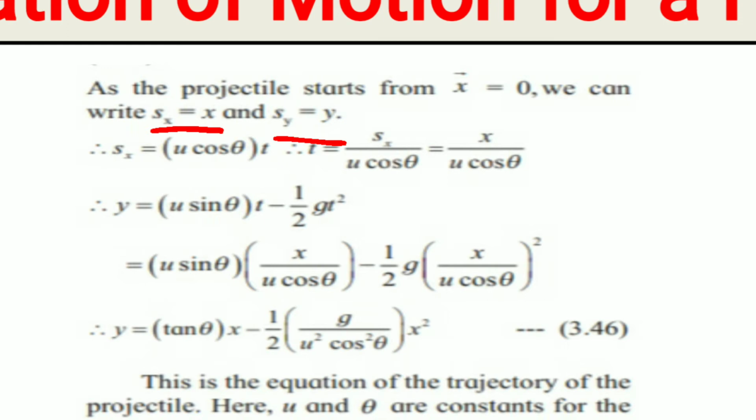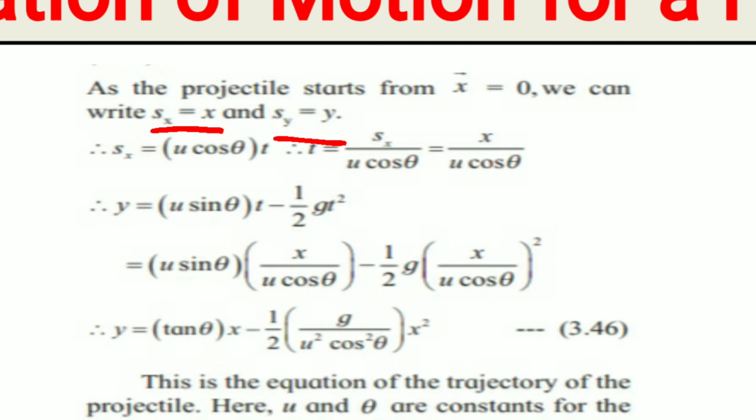Then instead of t you can write x divided by u cos theta. Then your equation will be u sin theta into x divided by u cos theta minus half g into bracket x divided by u cos theta, square.